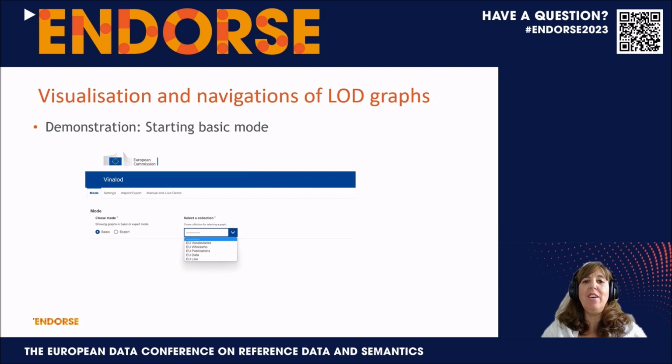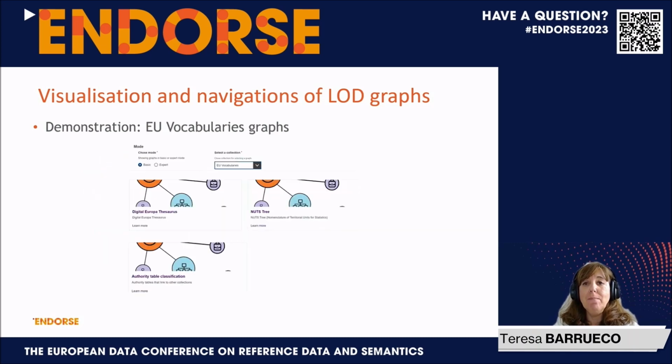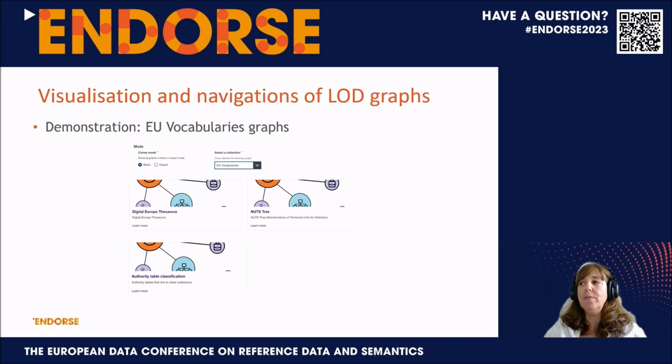Well, this is the main page in VINALOD, where we can select a basic or expert mode. If we choose basic, we can choose a collection from the drop-down menu, and all graph options for the collection will be shown. In next slide, this is an example of a network graph that can be displayed for the EU vocabularies collection.